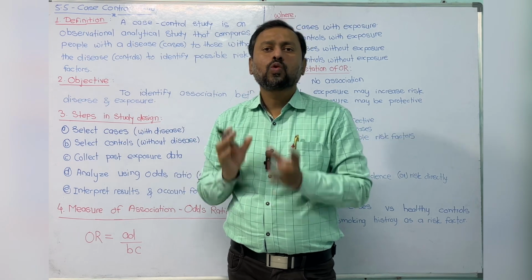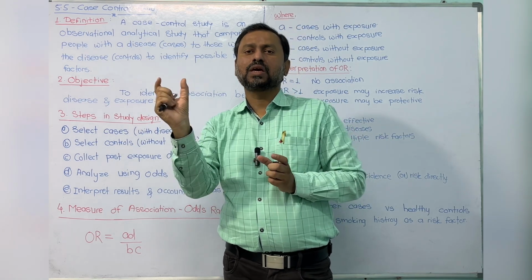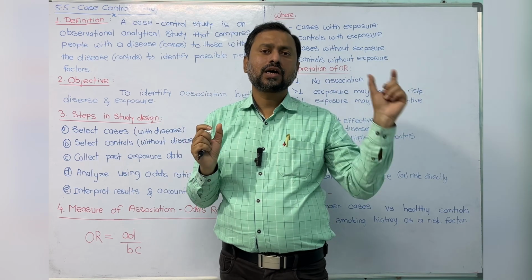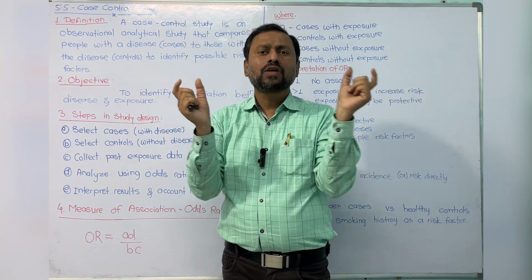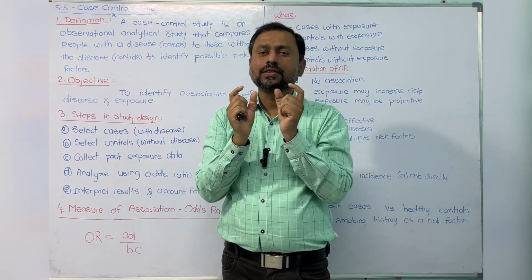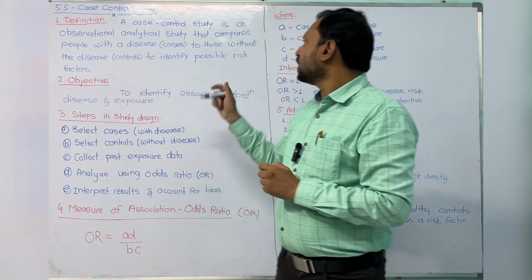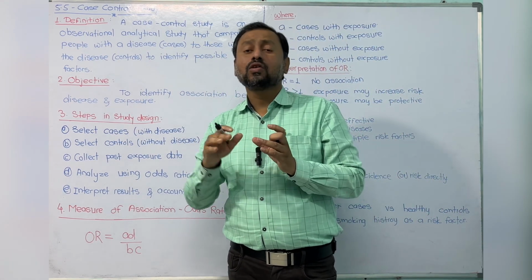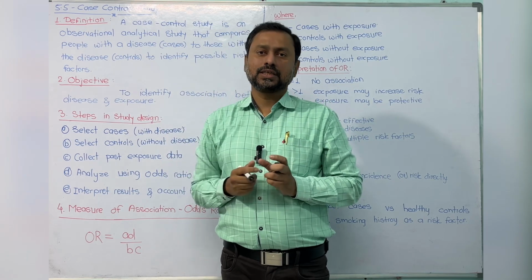Here there are two groups of people: the disease group, called the case group, and the healthy group, called the control group. We compare them in this study and identify the risk factor, that is, what is the cause for the disease.